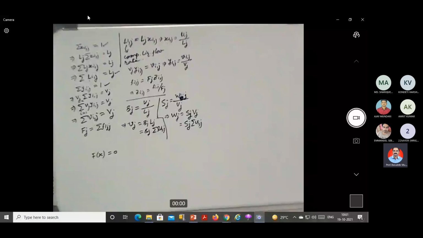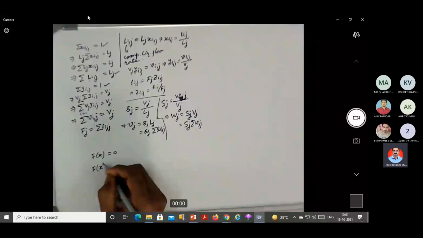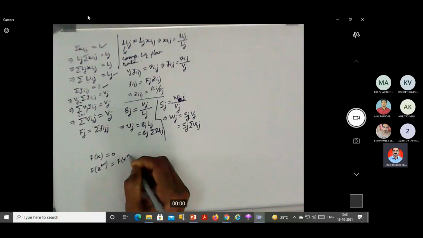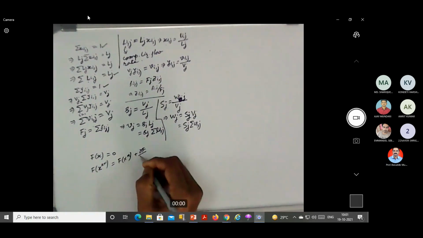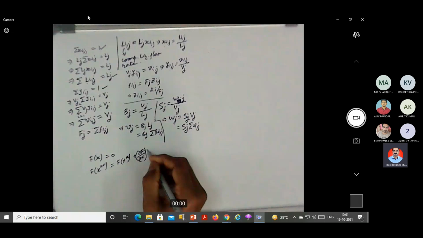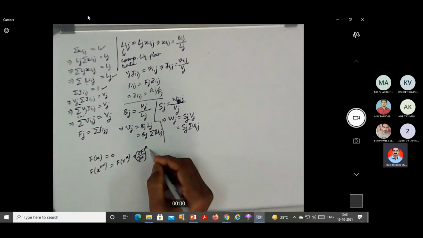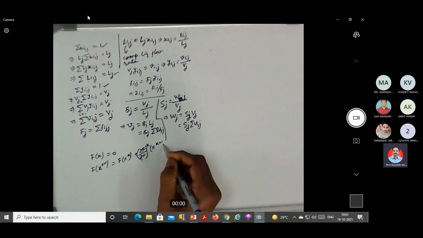According to that, we can write f(x^(k+1)) equal to f(x^k) plus del f del x at the kth iteration level into the change of x, that is x^(k+1) minus x^k.